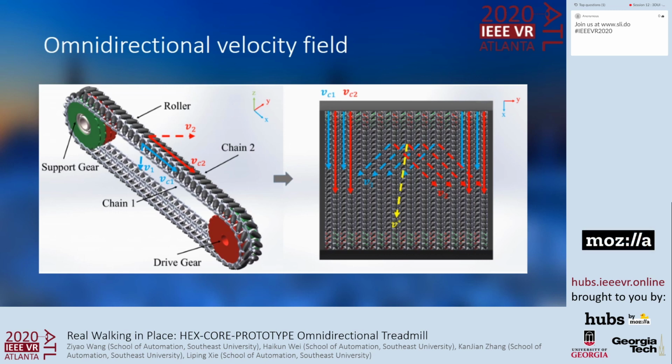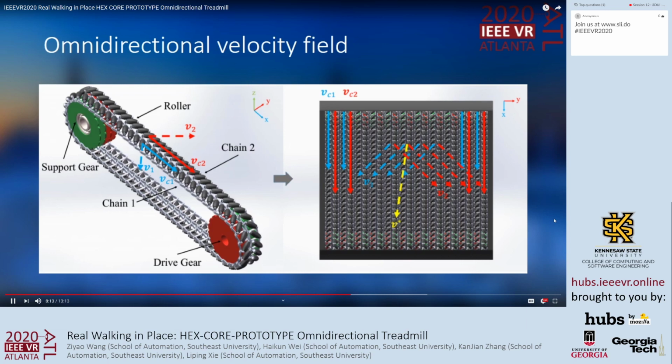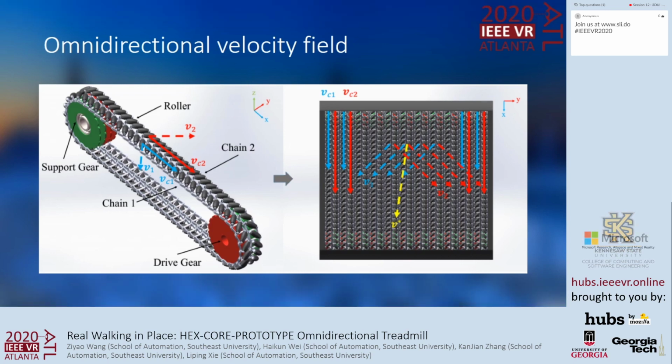Chain 2 has the velocity of Vc2 as the red solid line shows. Due to the rotation of the rollers, only the velocity along the roller's axial direction is preserved. As the blue and red dashed lines show, based on this structure, the originally two parallel velocities are decomposed into two vertical velocities, that is V1 and V2.